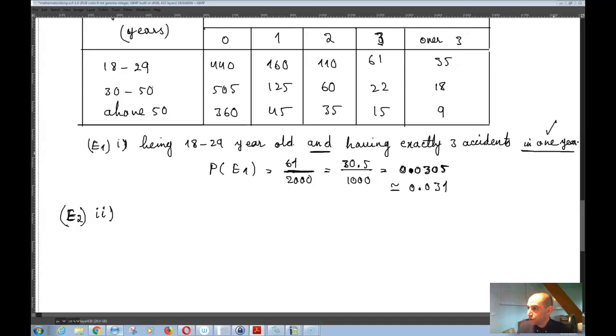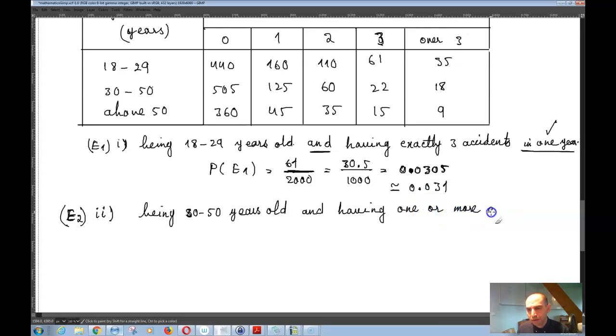Being 30 to 50 years old, and having one or more accidents in a year.